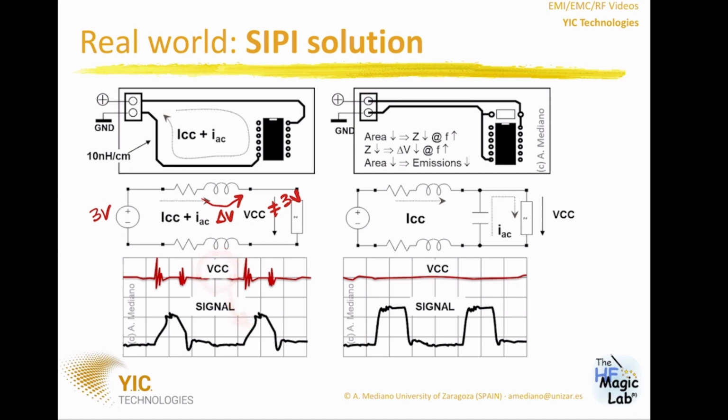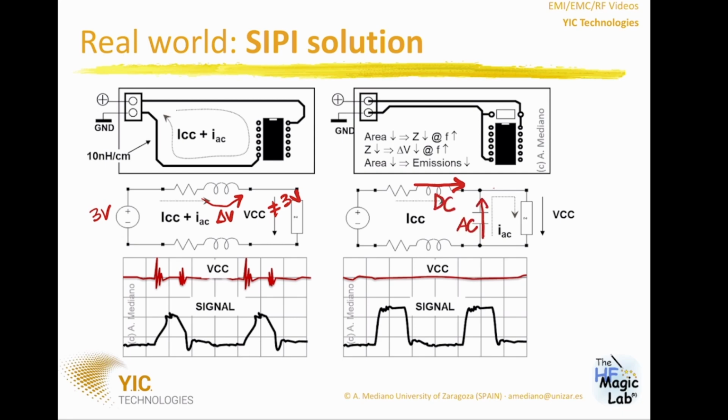So how is the typical solution for this? This is not an easy problem, especially if you are in a very high speed electronics, but usually the important idea is to consider that using a capacitor in parallel with the power supply of your device, you have the opportunity to have the DC current coming from the power supply and the AC current coming from the capacitance.